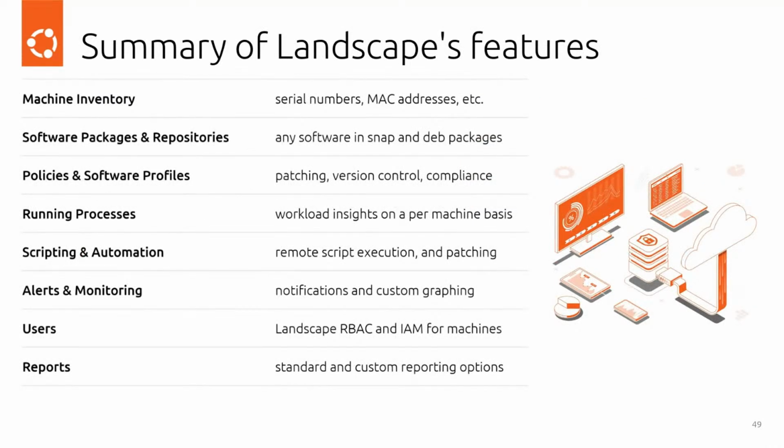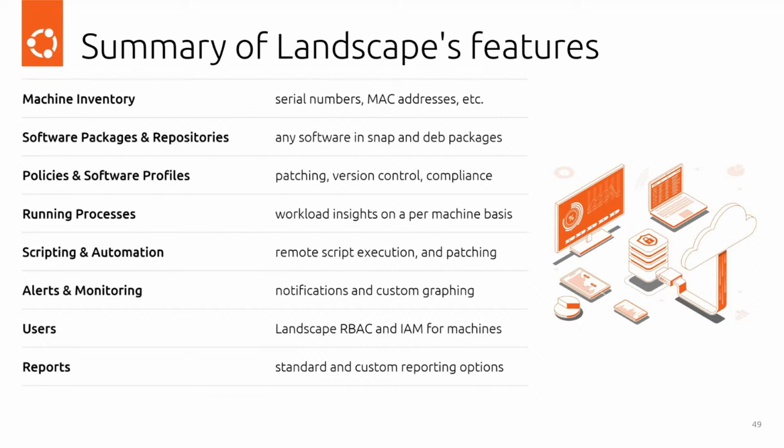I'm just going to highlight here some of the cool features that Landscape offers. It can give you machine inventory. It can do software packages and repositories inventory. It can be used to distribute patches for the packages that you are already consuming. And you can use it also to configure and administer the proper identity management controls that you want to have.